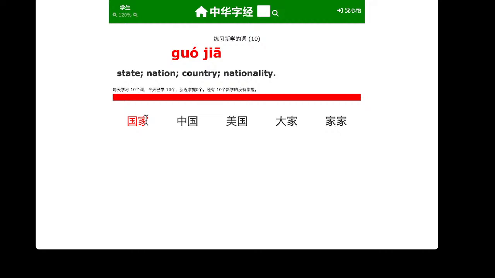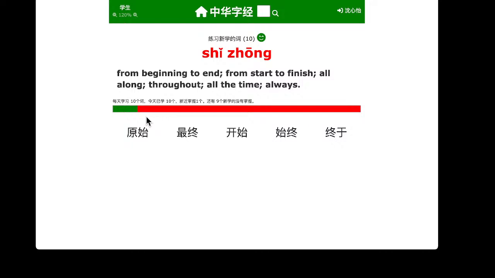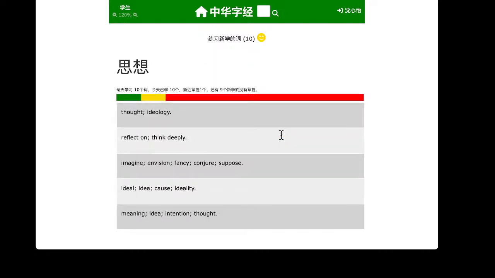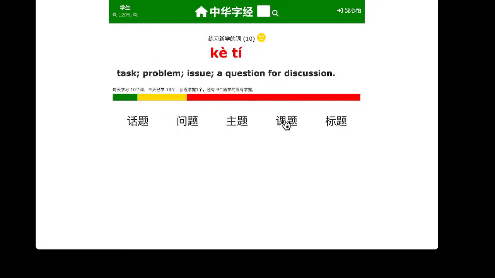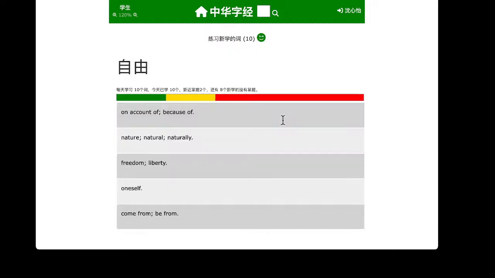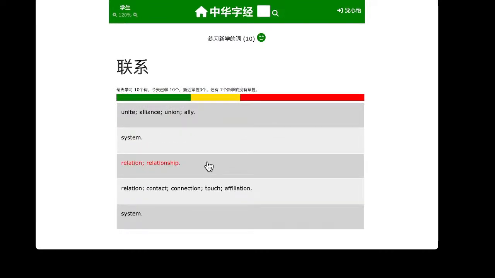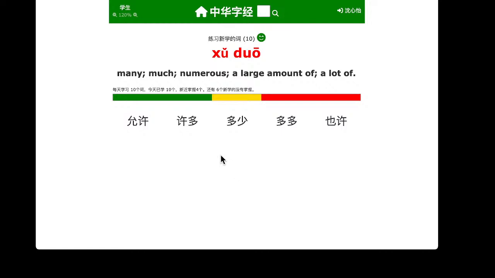Gotta pick the one. 思想课题自由联系许多. No, I don't know how well this works for somebody with no foundation. That's why we need testers.